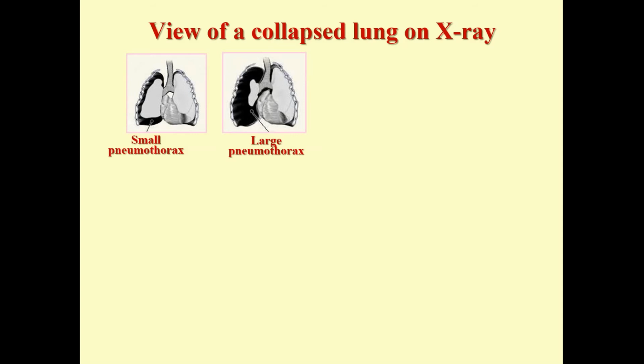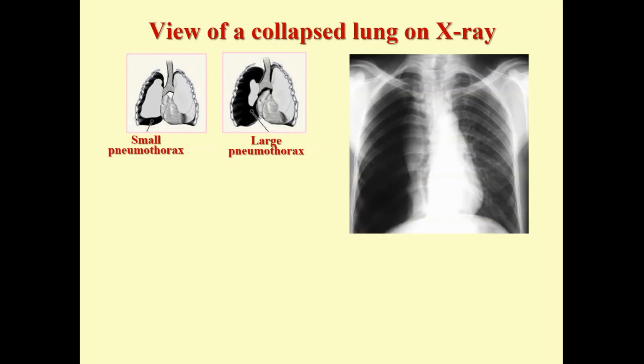And now let's see a real X-ray. You can easily notice that the right side of the chest contains lung because the vascular pattern is clearly visible. Vessels passing through can be seen. They're like a vascular tree.